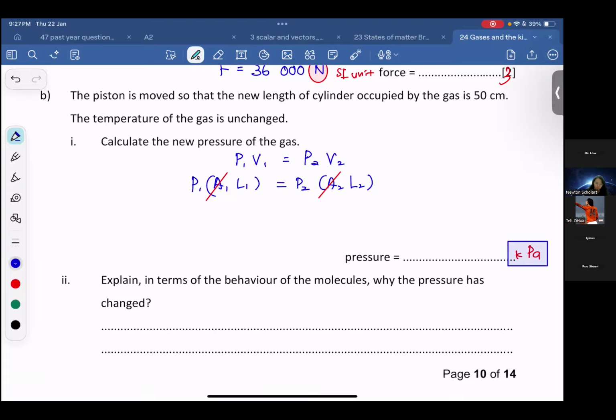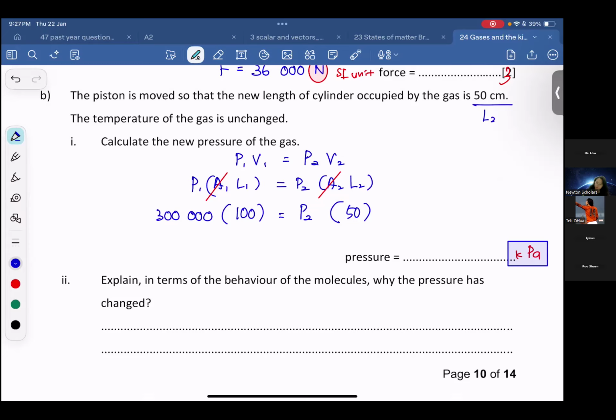So initially our pressure is 300 kilo times the starting length of 100. Teacher, do I need to convert to meter here? Let me finish this one, P2 first, and then L2, which is 50 cm. Do we need to do conversion? If you want to do it, also can; if you don't want to, also can.